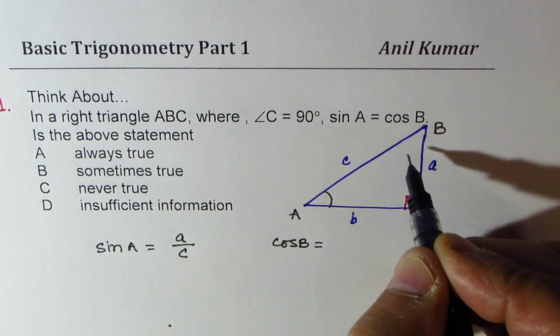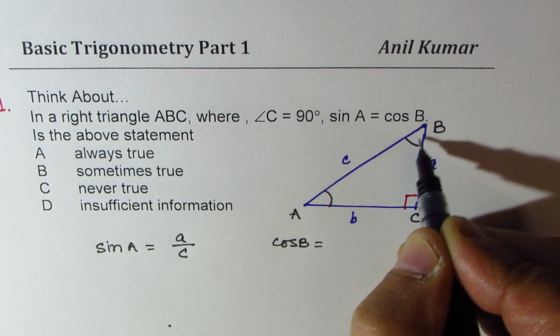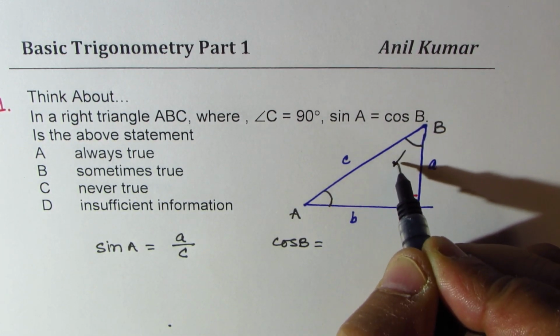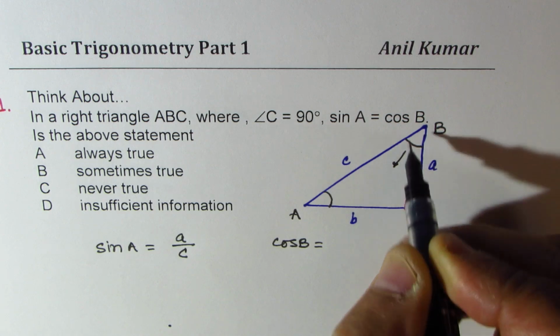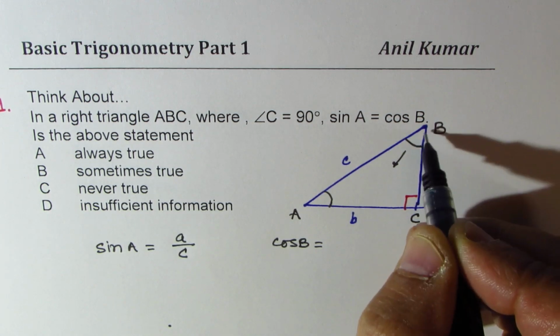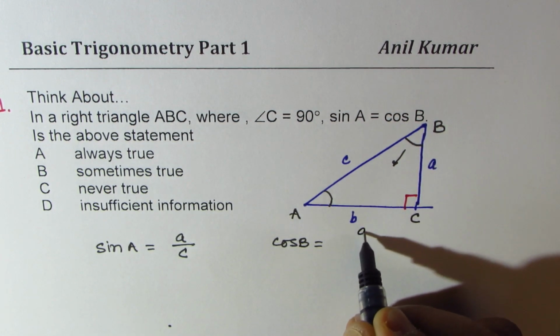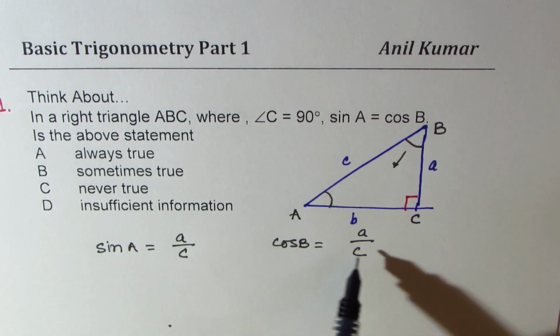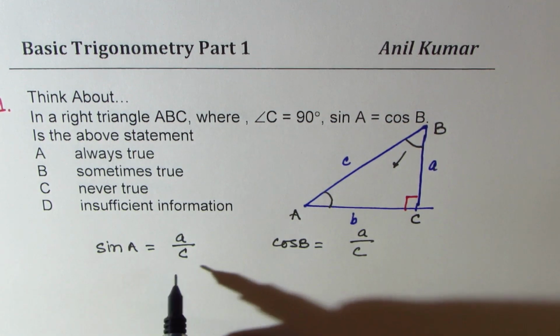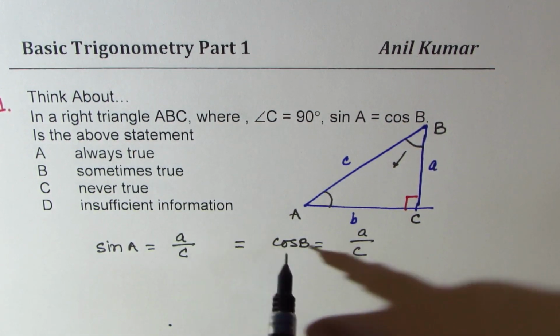As far as cos B is concerned, we have to look from the other side, right? Opposite side now is B. However, cos is adjacent over hypotenuse, right? So it is A over C. So what do you notice? Both are A over C, correct? So what we see is that they are both equal.